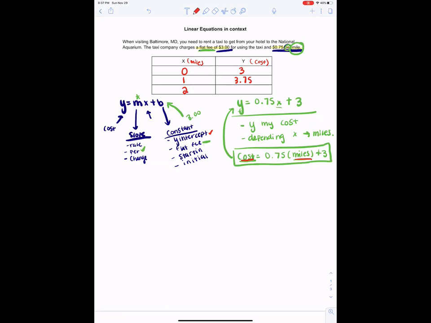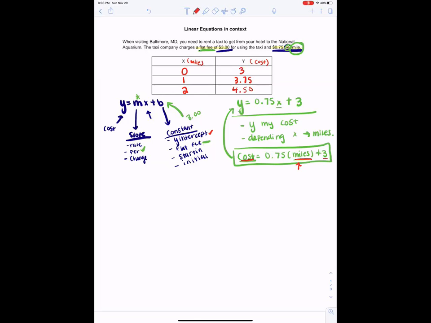Plug in 2 into here. 2 miles, 2 times 75 cents is $1.50. $1.50 plus 3 is $4.50. So I could use these points to interpret what they mean.